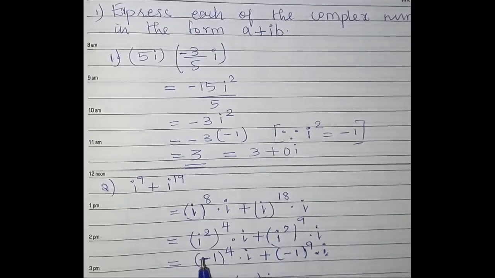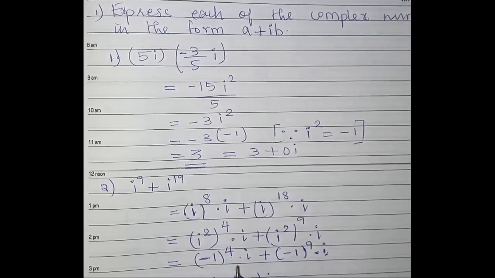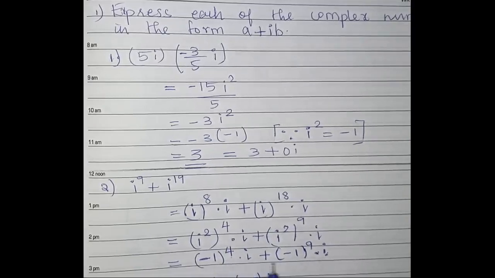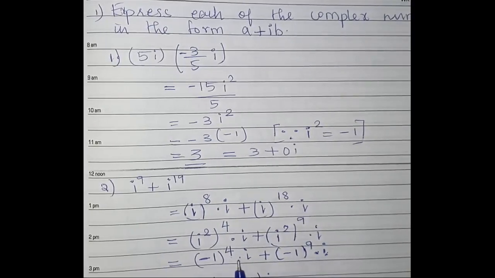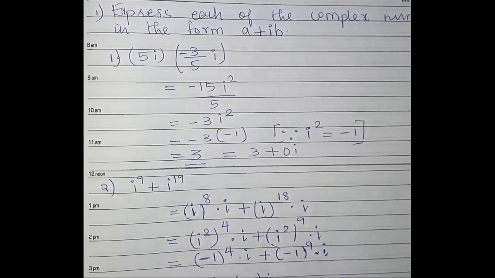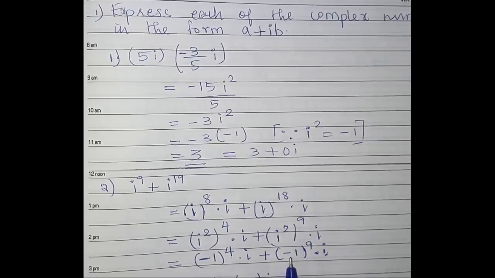Now, what is the i square value? Minus 1. So minus 1 whole power 4 into i, plus minus 1 whole power 9 into i. And we know any negative number to an even power is positive. Because if you multiply negative numbers an even number of times, I'll get a positive answer. But if I multiply negative numbers an odd number of times, I'll get a negative answer again.